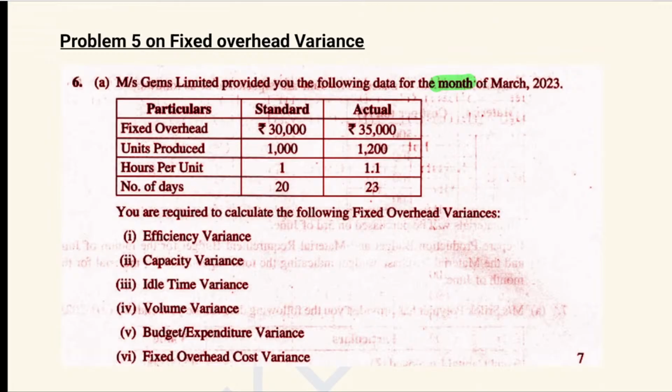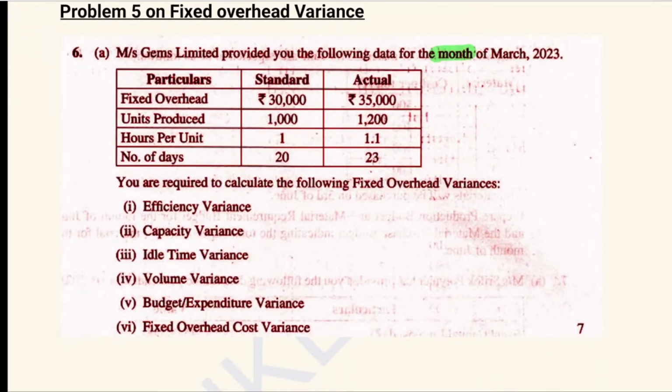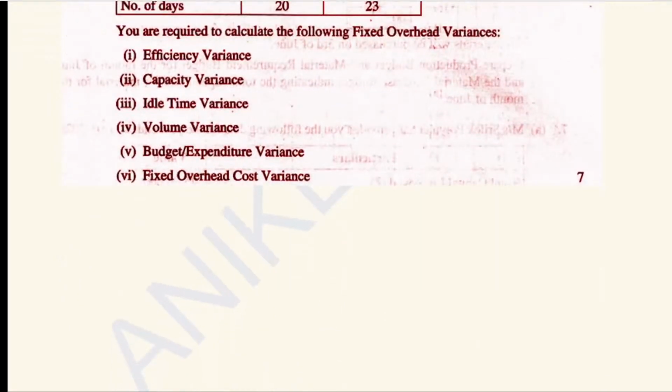This data is given. You are required to calculate all the variances. Fine. So this is a straightforward question. So that means you should start identifying whatever data is given. So let us first write our table. That will give us an easy understanding of what is there or what is not there.